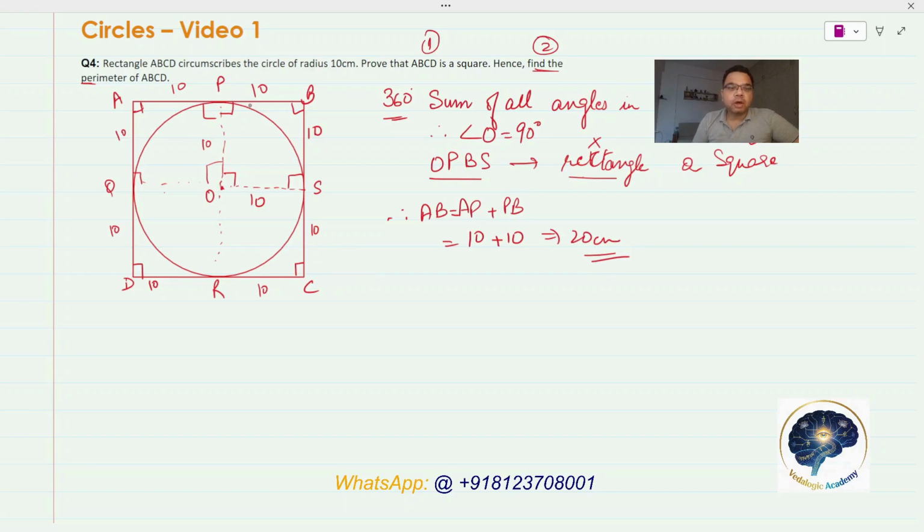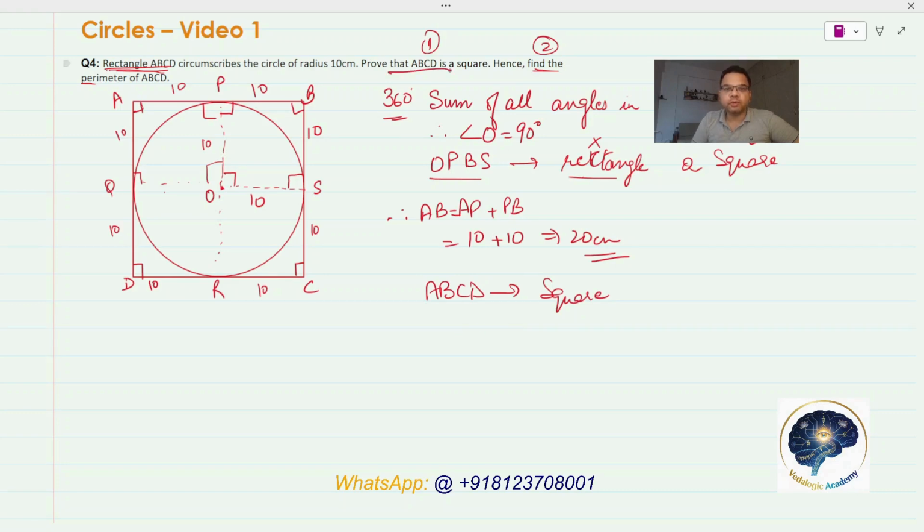Now, if you see, all of them are 20 centimeters each. So AB is 20, and BC is again 20. So the question says rectangle ABCD is a square, but it's not a rectangle as such, it's a square. So ABCD becomes a square, right? That's the first thing.